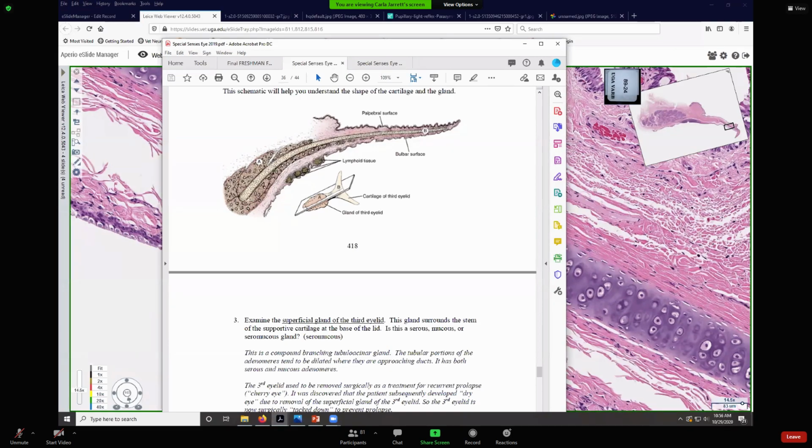So here is a model. Here's a section of the third eyelid. You can see the lymphoid tissue on the bulbar surface. There's the palpebral surface. And it looks like a shark tail, that hyaline cartilage, but when you make a sagittal section through it, you don't get to see the cute little tails, okay? So there's your shark fin. There's the body of the shark. The body of the shark is this gland.